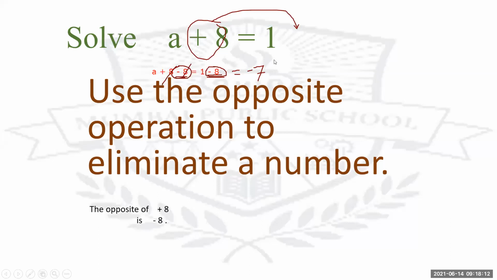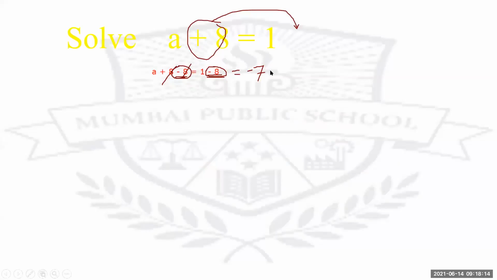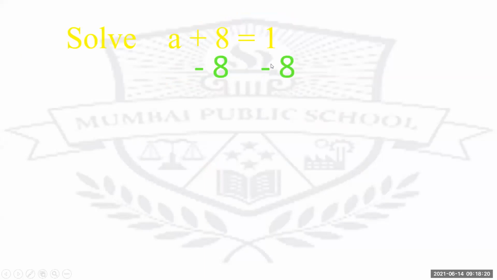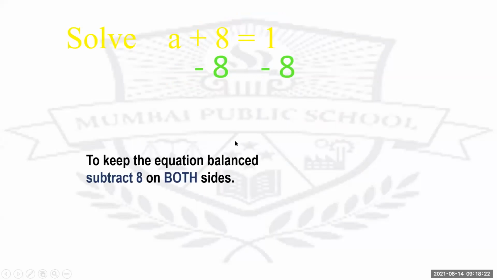Opposite of 8 is minus 8, so you'll add this minus 8 to keep the equation balanced. Subtract 8 on both sides.